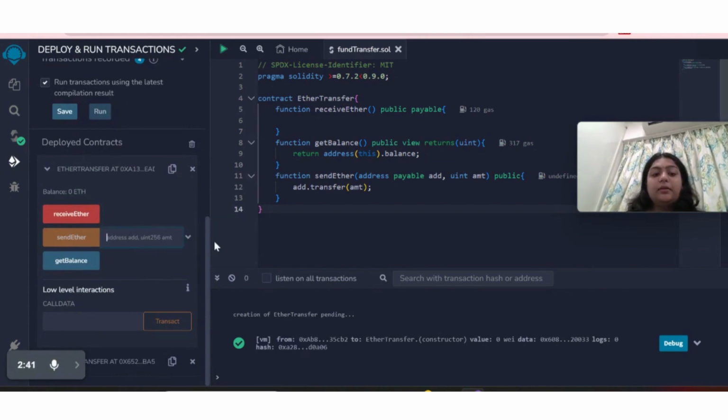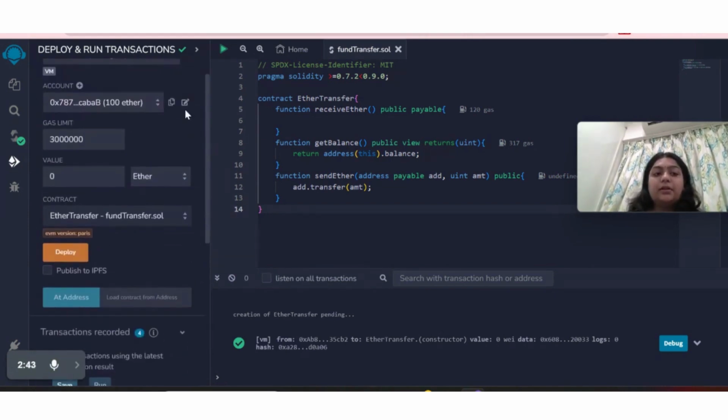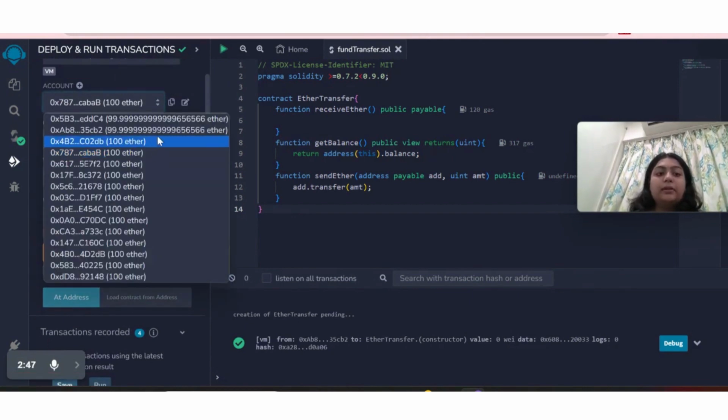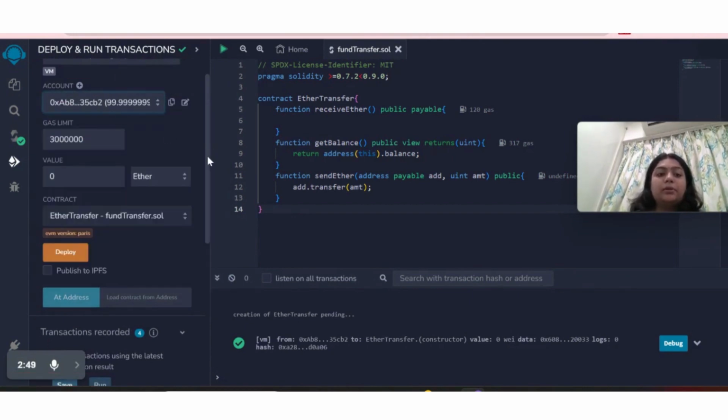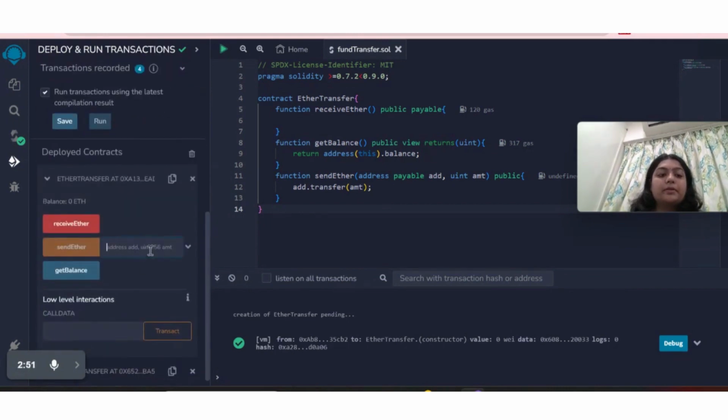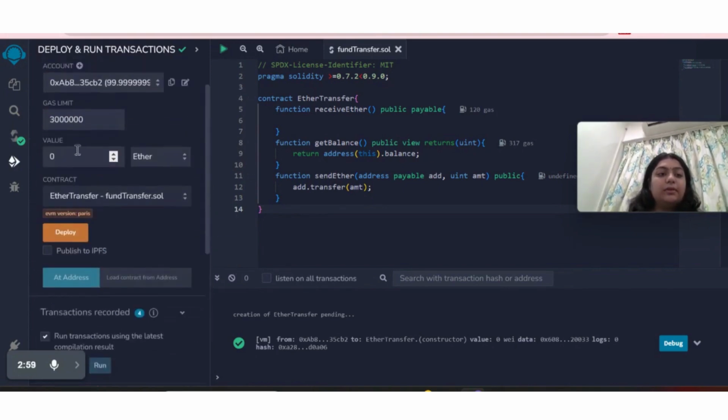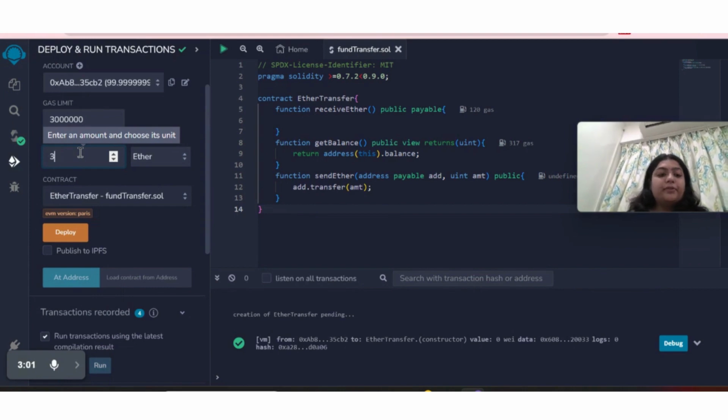Send ether. Now we need to take the address of this account. From this account, let's copy it and go back to the other account. We paste it with Control V and let us change the value. Let us make it 3.